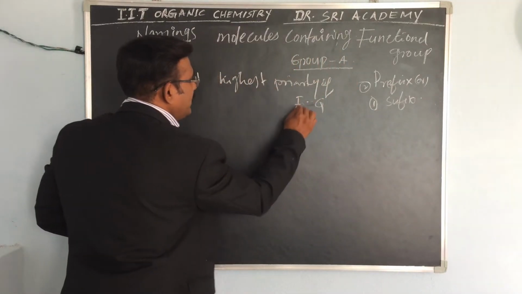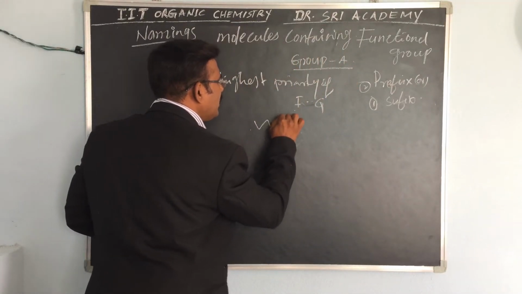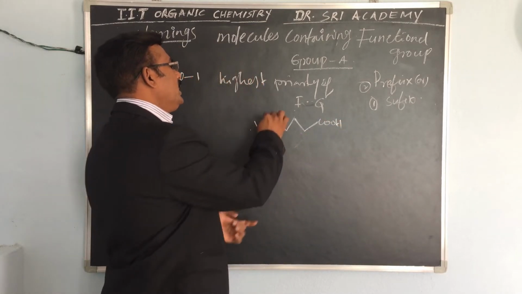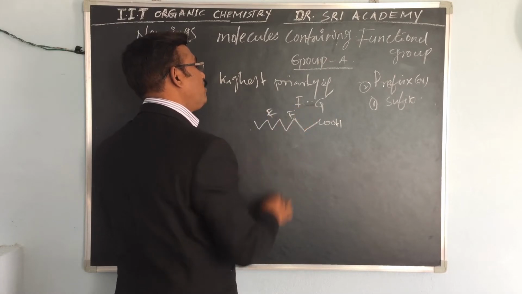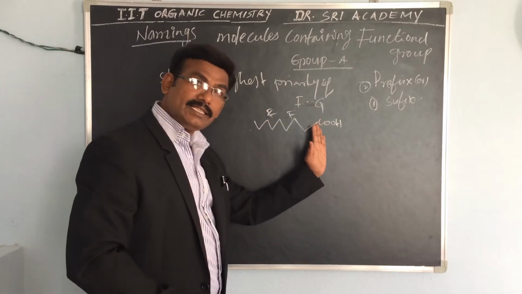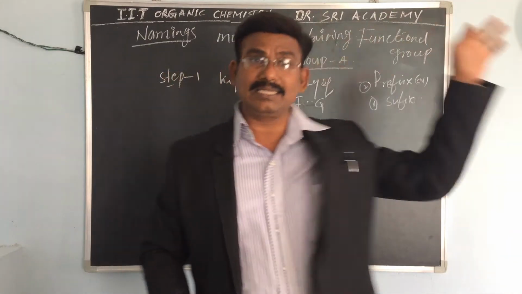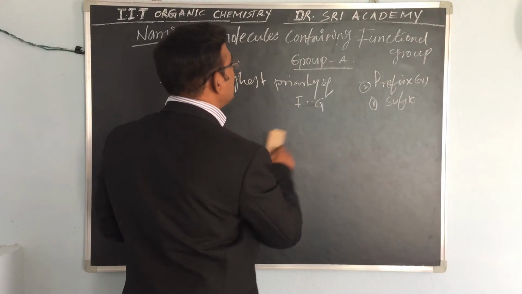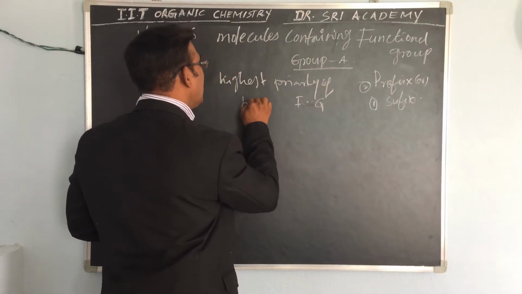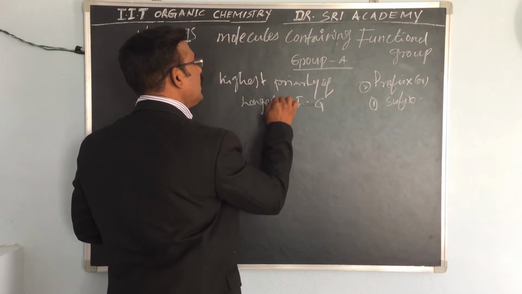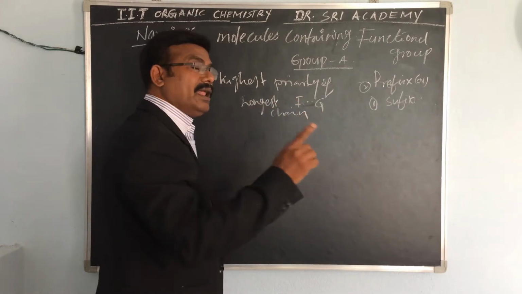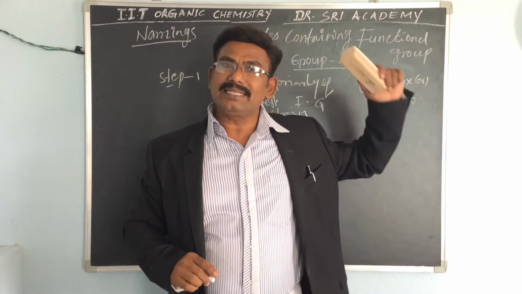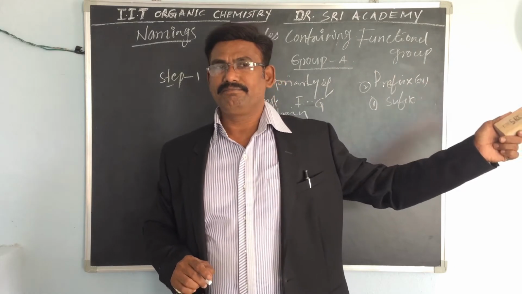For example, here a functional group is there, and here also a functional group is there. So many are there, but we take the highest priority, and that should be on the longest chain. That is step 1. You have to remember the longest chain. So highest priority and longest chain. Please remember: the highest priority functional group should be on the longest continuous carbon chain in step 1.